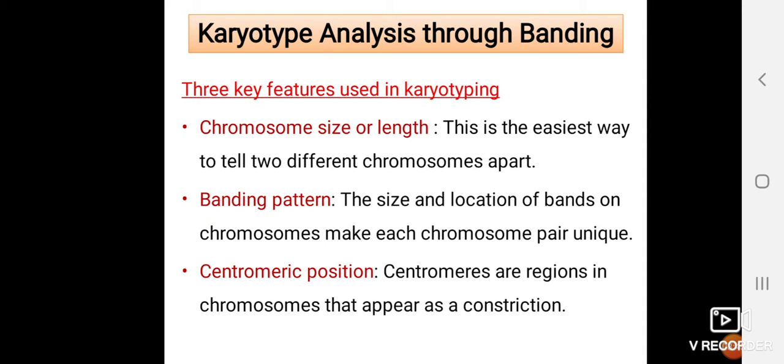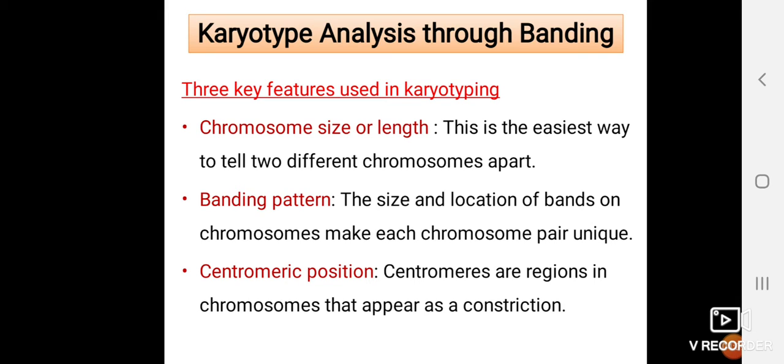Karyotype analysis through banding: karyotype is the study of chromosomes, and people do it with banding. There are three key features used in karyotyping. First, they study the chromosome size or length, because some chromosomes are shorter and some are lengthier.